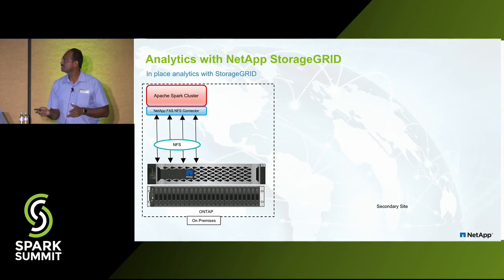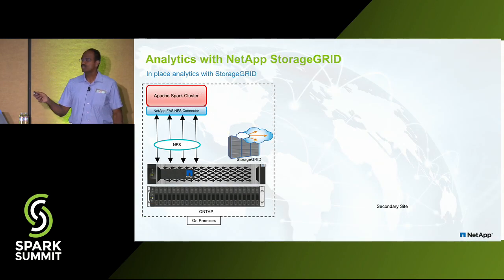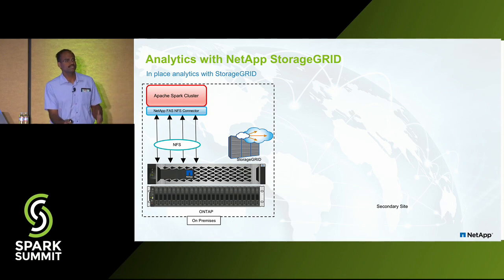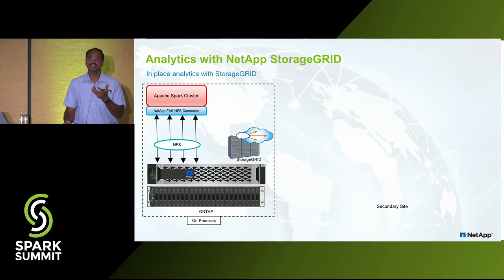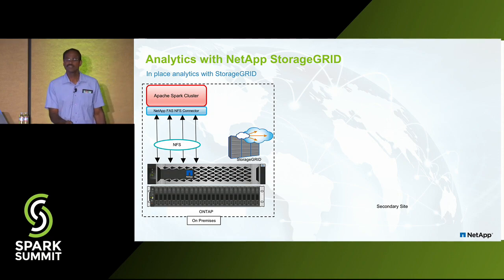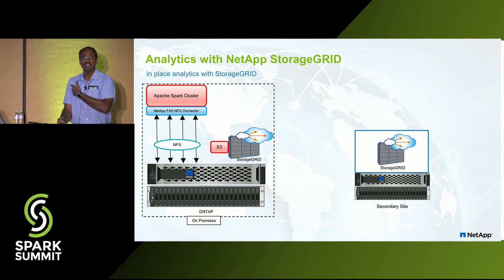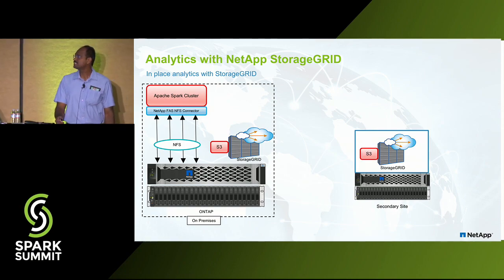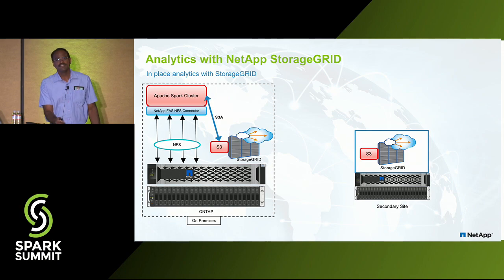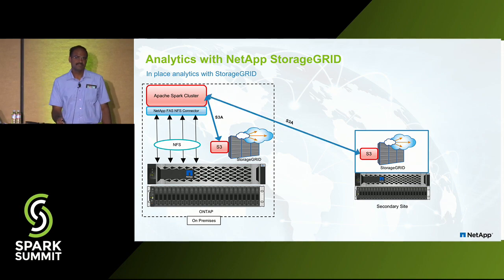StorageGRID is the NetApp product used for storing objects. We consider it as an object store, and using S3 we can access that data. It can be the primary location or a secondary location. Using the S3A connector, we can access that data. That's the way we addressed this one.